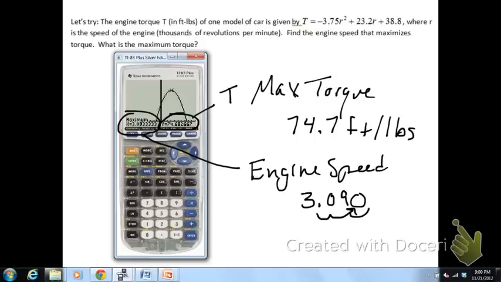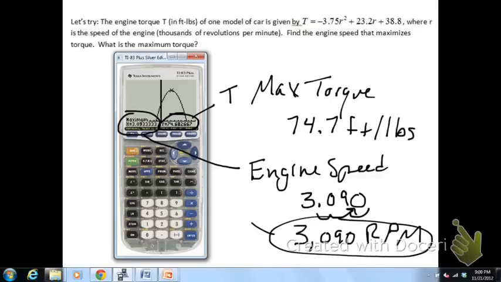So this is like saying at 3,090 RPMs, or revolutions per minute, that engine speed takes me to this maximum torque value. So kind of a neat application of how we can use our calculator to answer a real-life question.